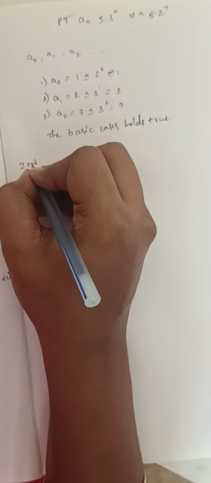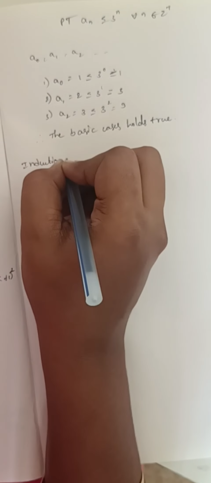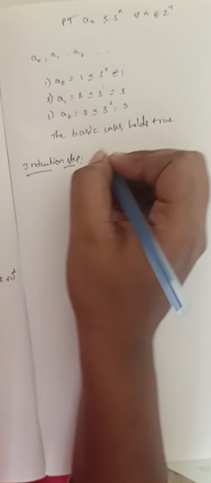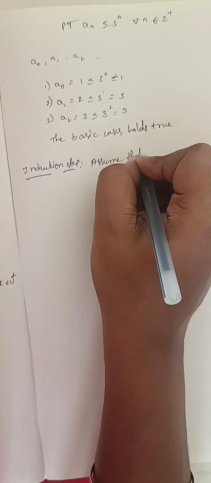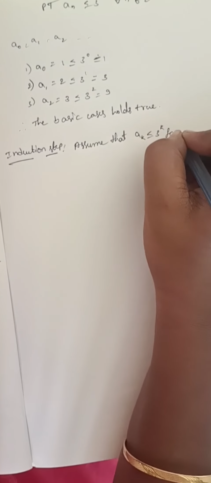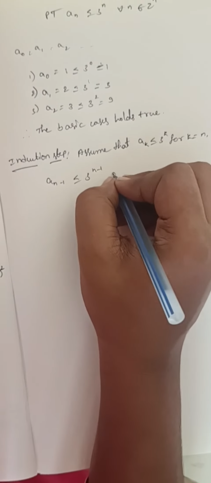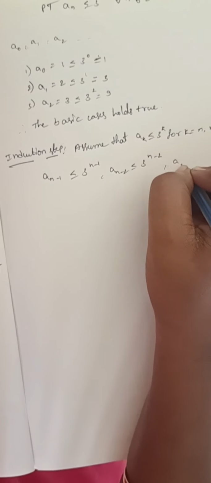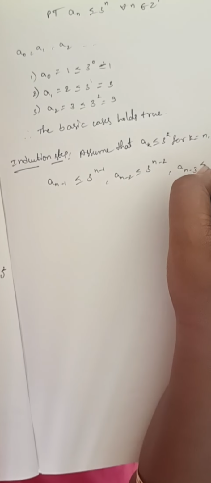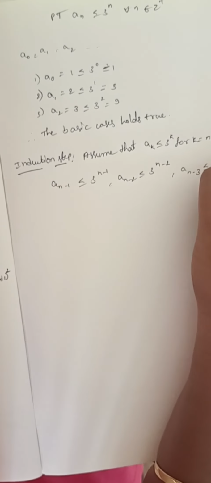Induction step. Assume that ak is less than or equal to 3 power k for k equal to n minus 1, n minus 2, n minus 3. That is, a(n minus 1) is less than or equal to 3 power (n minus 1), a(n minus 2) is less than or equal to 3 power (n minus 2), a(n minus 3) is less than or equal to 3 power (n minus 3).